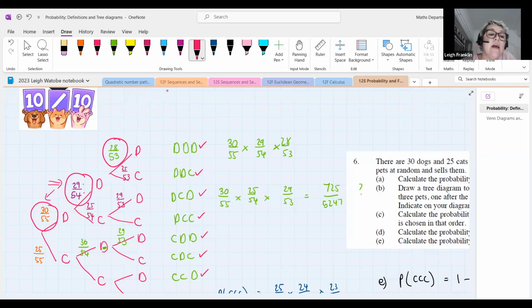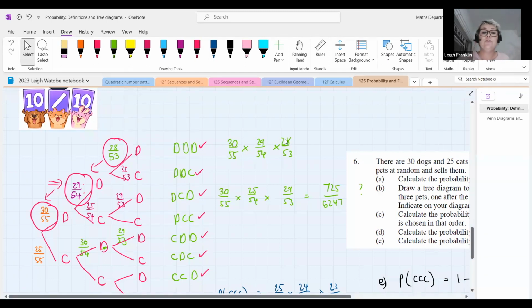And then choosing another dog also depends on your previous choice, because there would be 2 fewer dogs and 2 fewer pets. Okay, so these are examples where things are dependent. In a tree diagram, we see dependent events where there is non-replacement. You can't replace a pet.